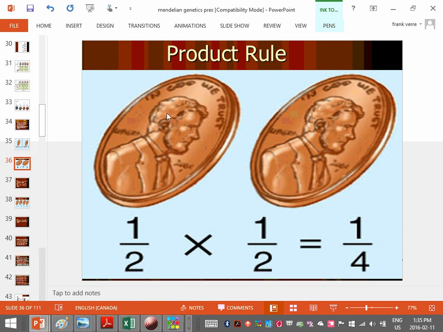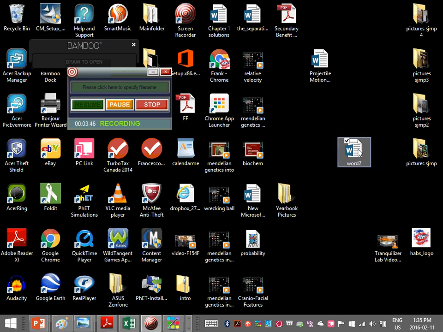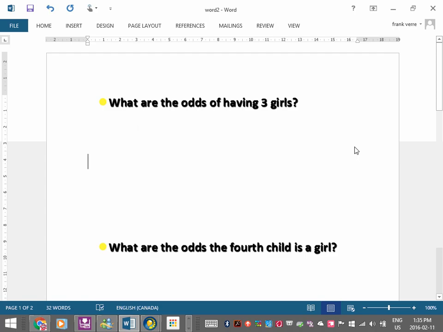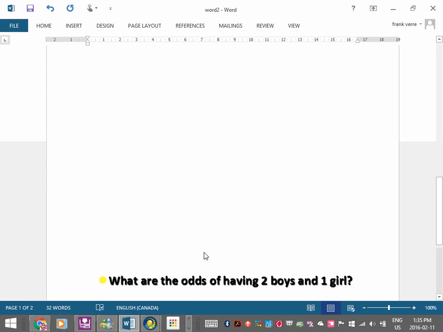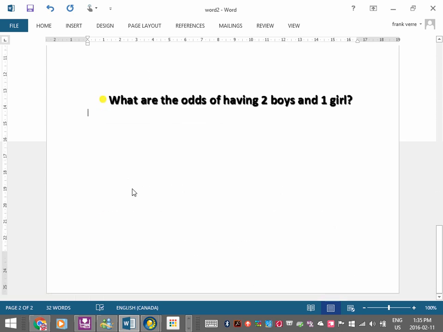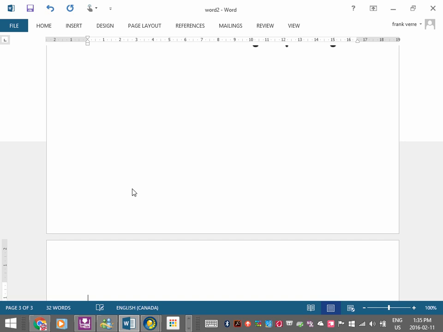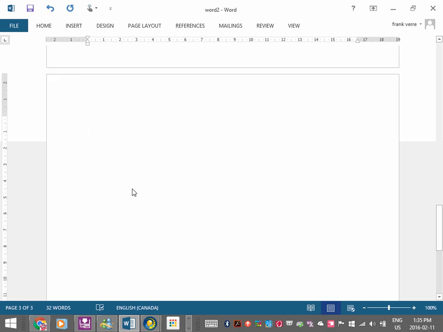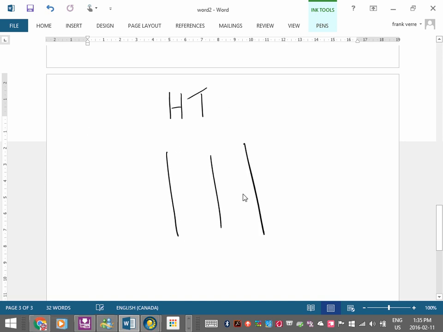Now, if you think about a Punnett square, it would actually give you the exact same prediction. So let's actually show that. You can think of a coin like a genotype. If you think of a coin as a genotype, you have 2 possibilities. A coin can give you heads or tails. So a Punnett square will predict this. This is what a Punnett square would predict.